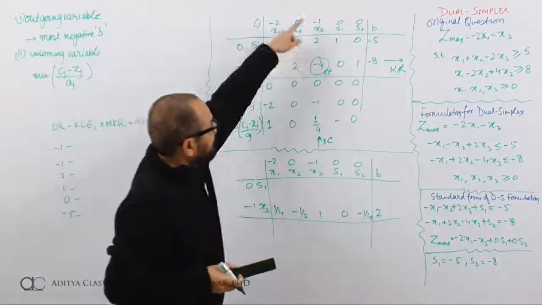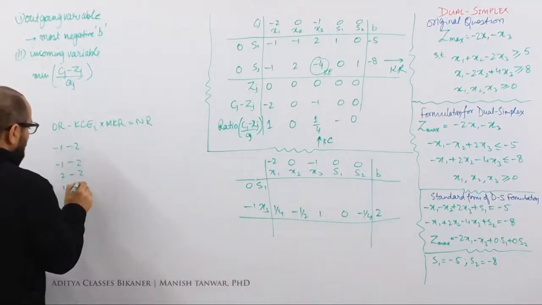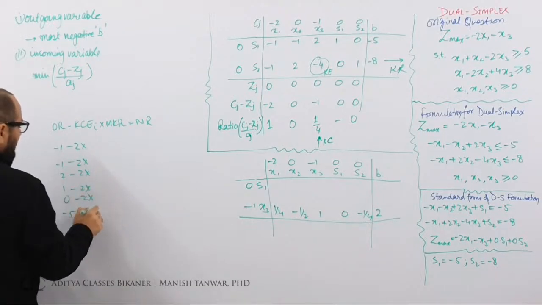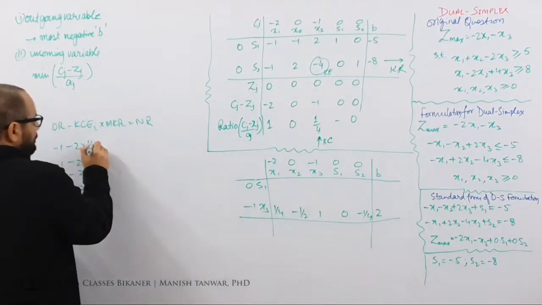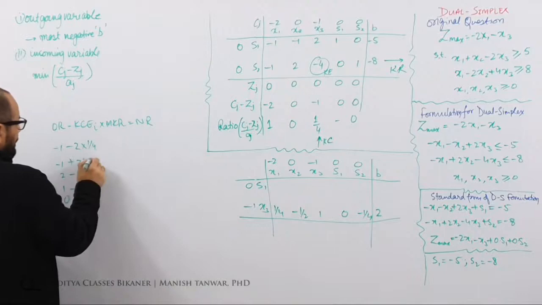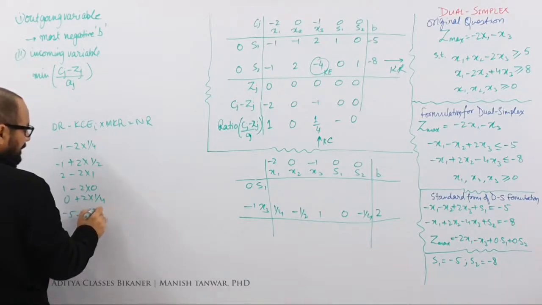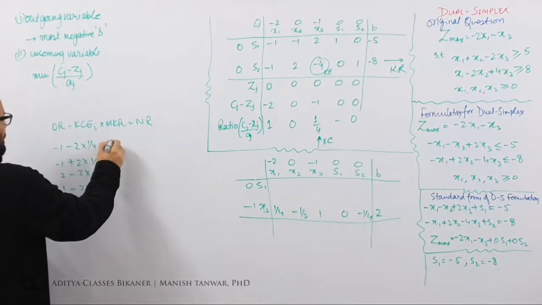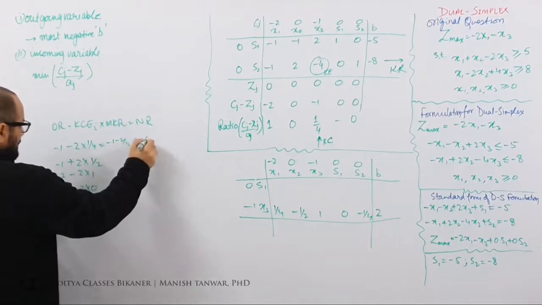We have key column element is 2 multiplied by modified key row. This is our modified key row. Minus half would make it plus half in this way, then we have a 0, then this minus would come here and we'll have a 4, then finally we'll have a 2, giving me values of -1, -2 by 4, -4 and 2, -6 by 4.